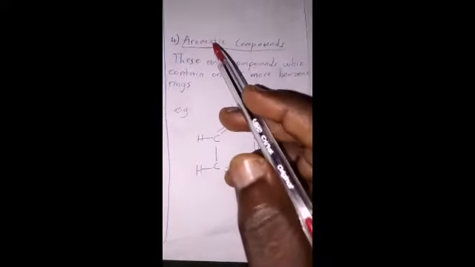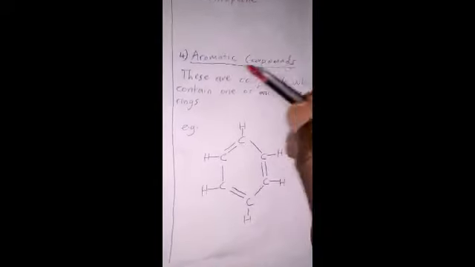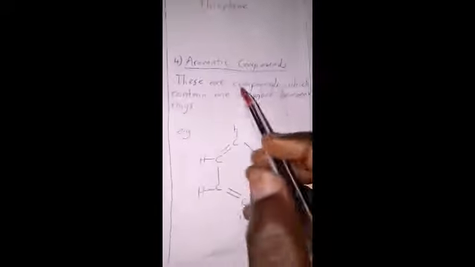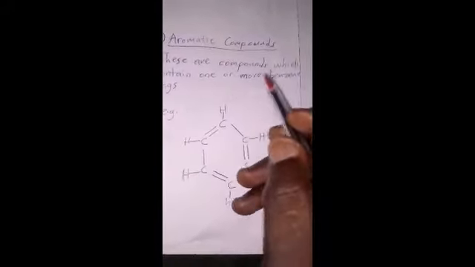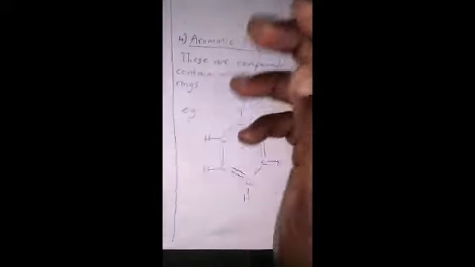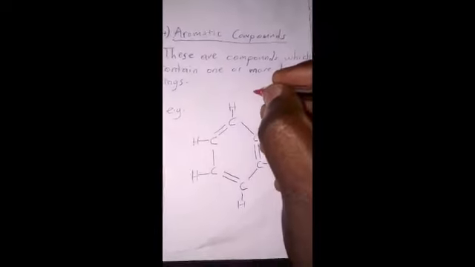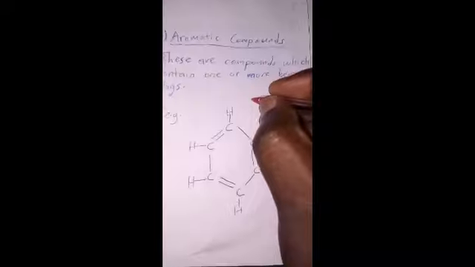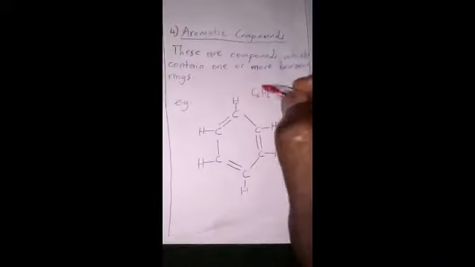For the aromatic compound, these are compounds which contain one or more benzene rings. Now, benzene is the compound with the chemical formula C6H6.